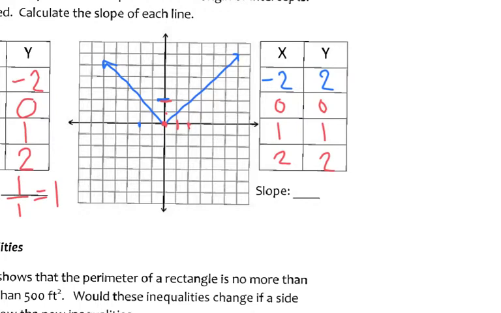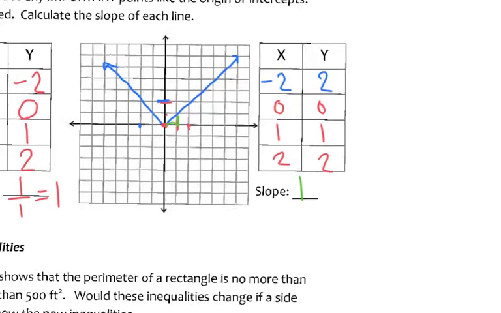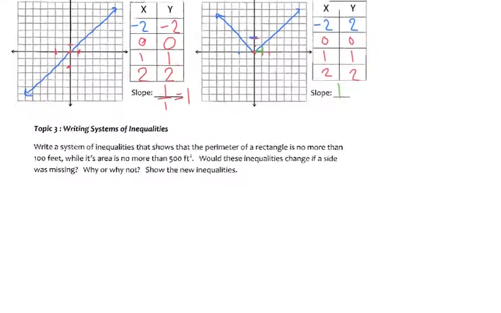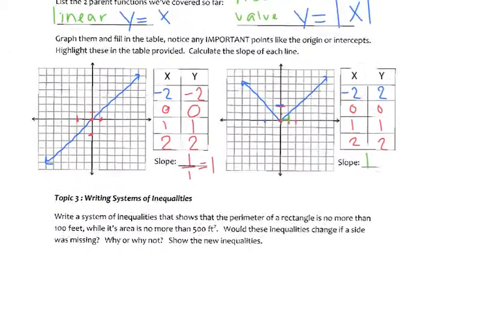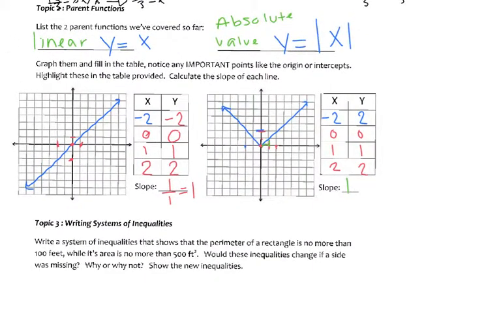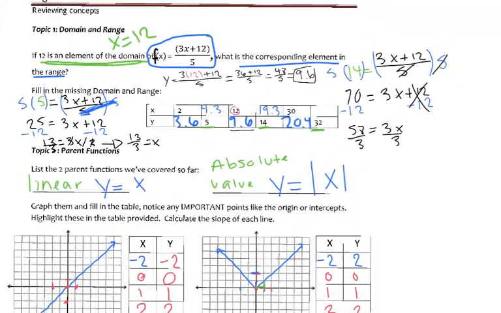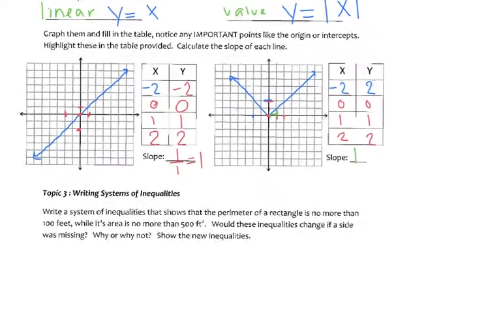So our slope here is also 1, because we go over 1, up 1. I'm going to stop here for this video. So that covers domain and range and parent functions.